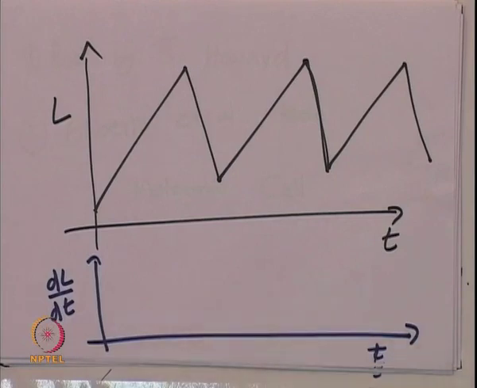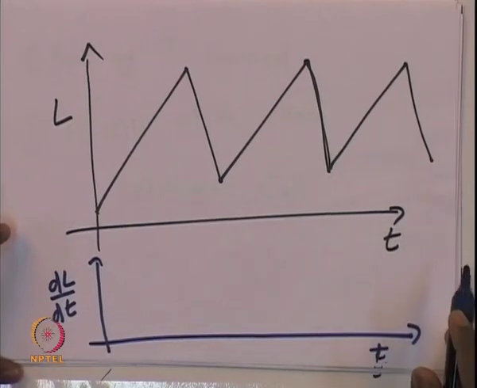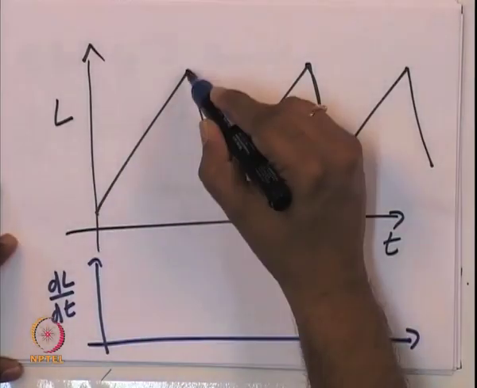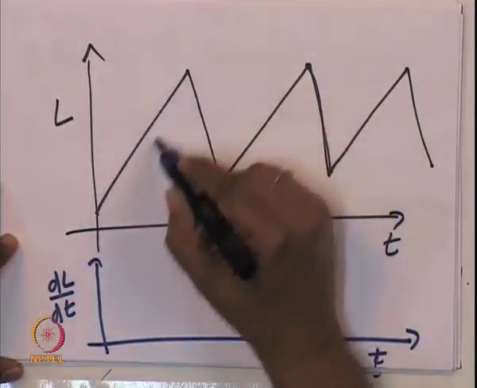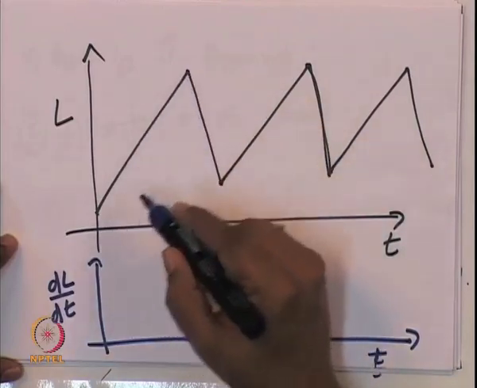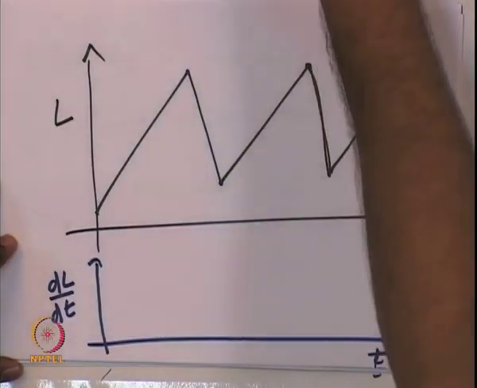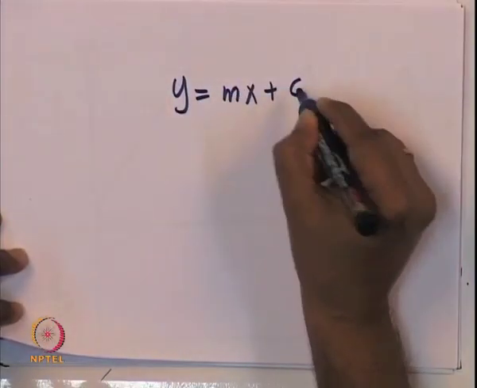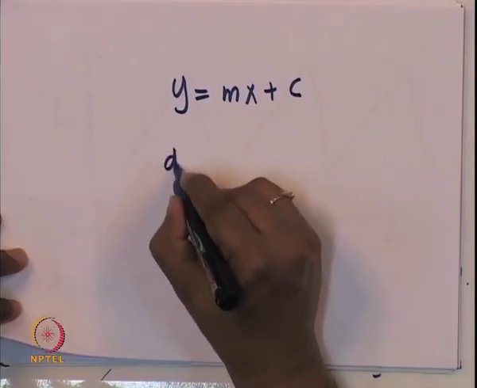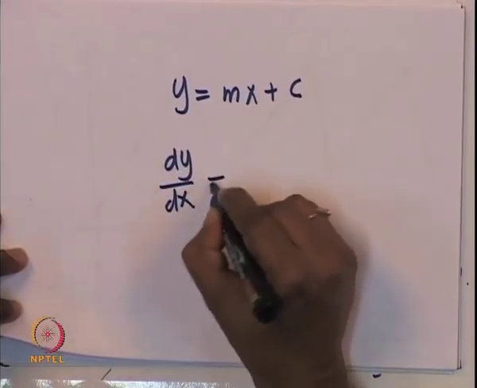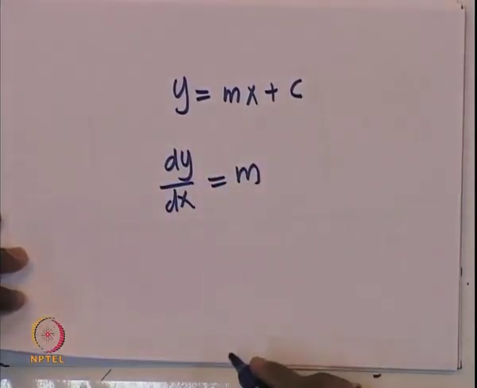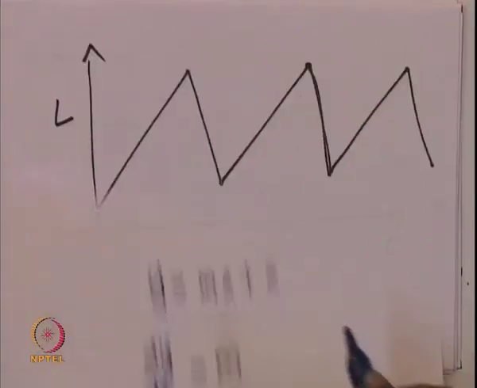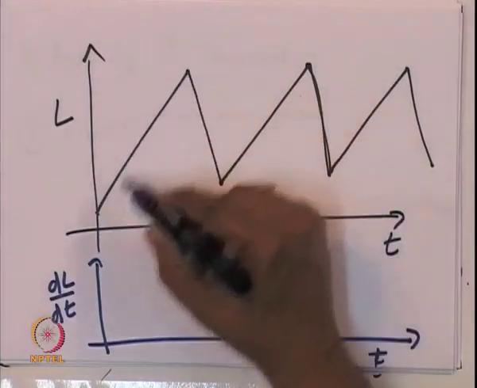Now, if you plot the derivative of this, look here. This is just a straight line. So, what is the derivative of a straight line? As you all know, a straight line has an equation y equal to mx plus c, we discussed it, and the derivative dy by dx is m, it is a constant. So, the slope of this part of the curve has to be a constant.